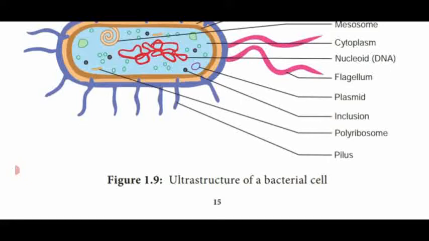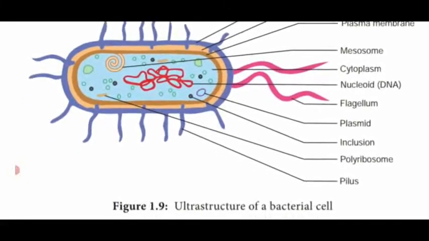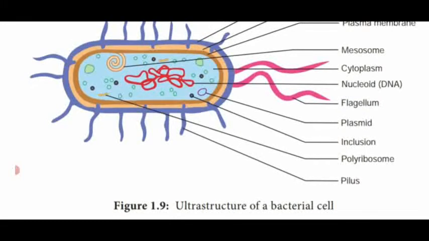Flagellum acts as a locomotory organ which makes the bacteria move from one place to another with the help of the flagellum. Then cell inclusions are also present on the inner side, which are responsible for metabolic activities, polyribosome and pili.